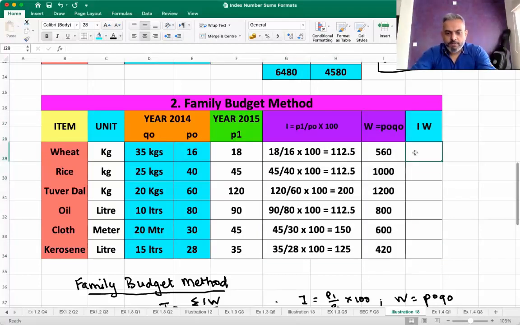So directly now I into W. So 560 into 112.5, 63,000. 1000 into 112.5.